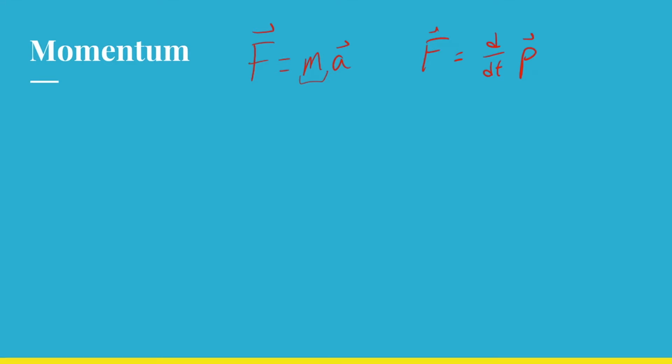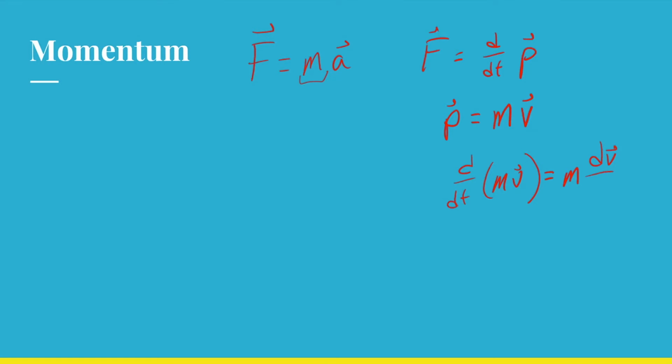Which means that we can look at this because we know that momentum is equal to mass times velocity. And notice that these are vector quantities. The direction for the velocity and the direction for the momentum matter a lot. If we take the time derivative of this, d by dt of mv, and the mass is constant, the mass can come out.